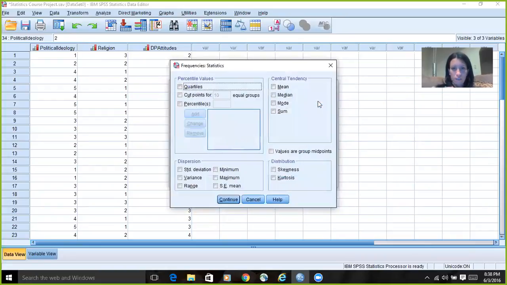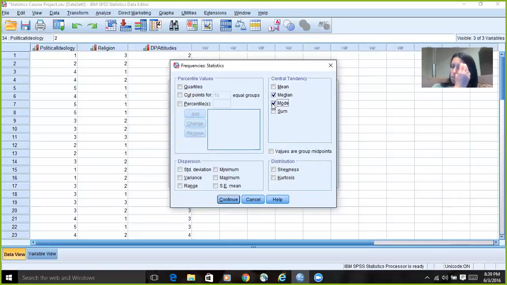I'm going to go to statistics for measures of central tendency. Now here's the thing, you guys can decide. For me, this is an ordinal level variable, and it would be for you too. So since this is an ordinal level of measure, I would do median and mode.